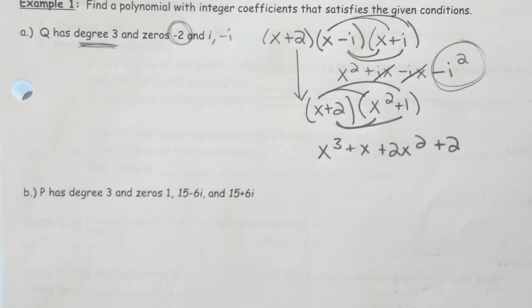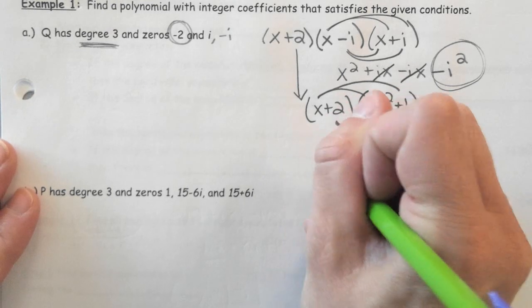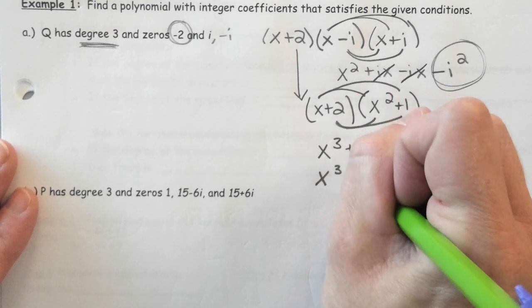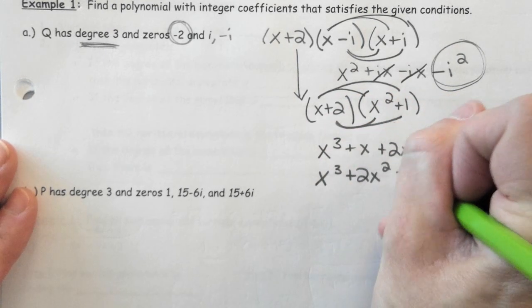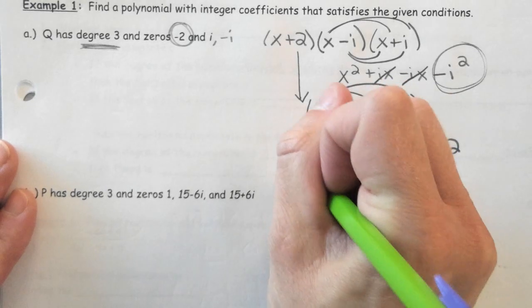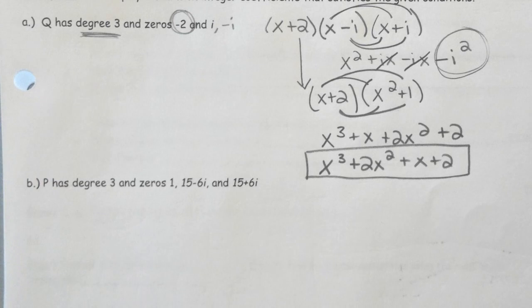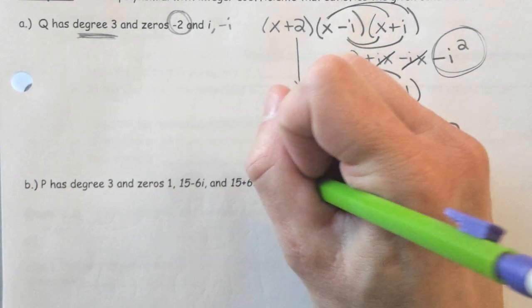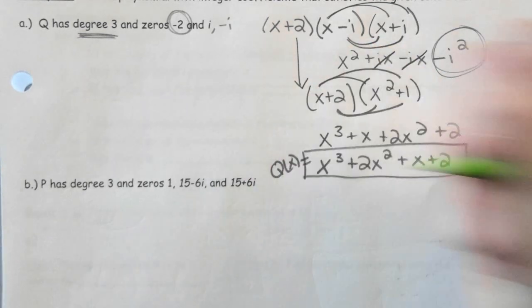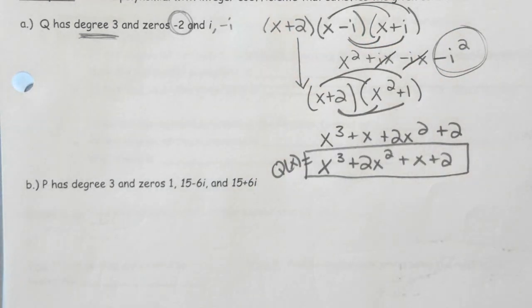I'm going to be picky here. Do you see how it's not in standard form? I'm going to switch it to standard form. I like decreasing order of exponents always, always. So this would be my final answer. So what polynomial gave me those solutions? This polynomial. And they told me to name it q, so I can even write it out. Q of x equals this polynomial. Okay?